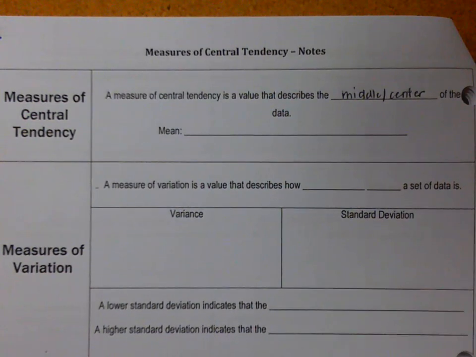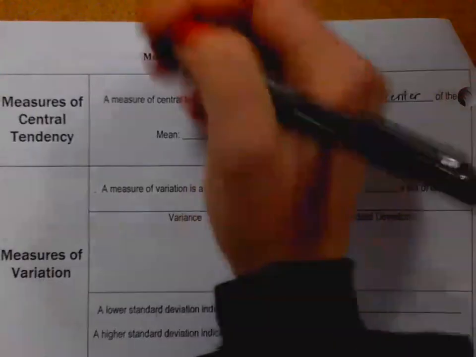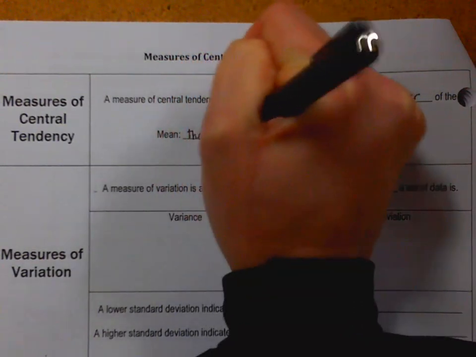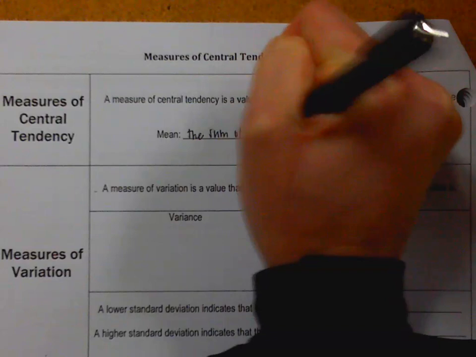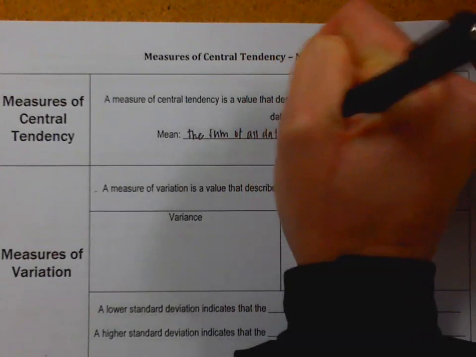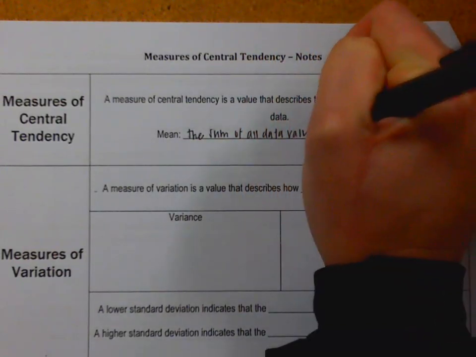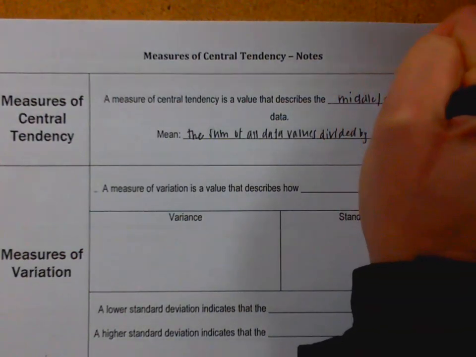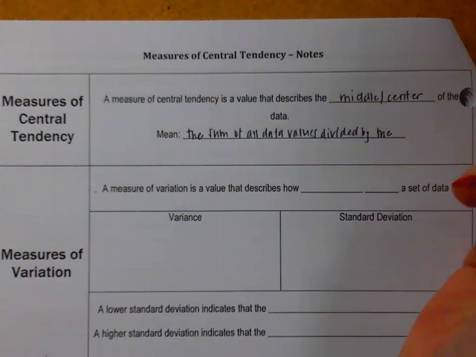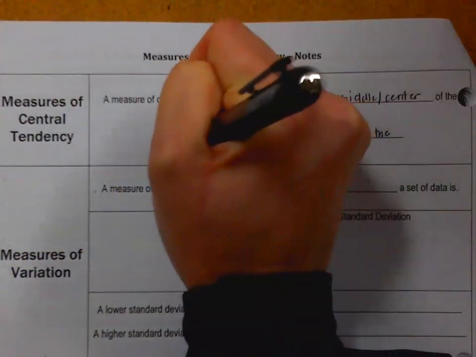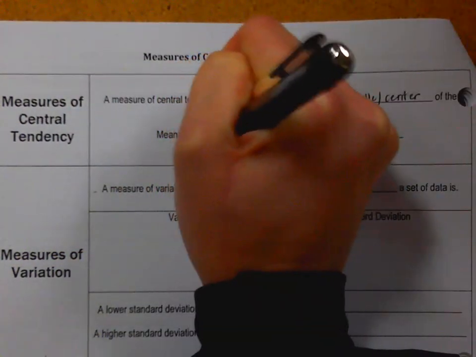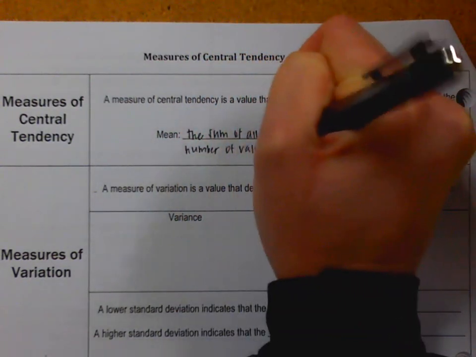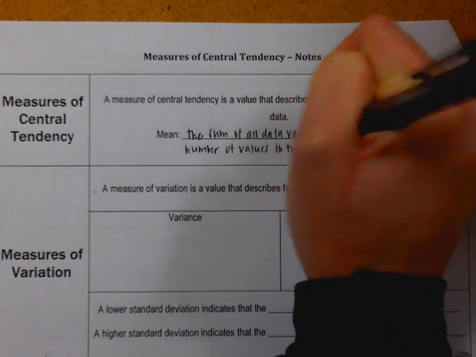The mean, as you already know, is the sum of all data values divided by the number of values in the data set.